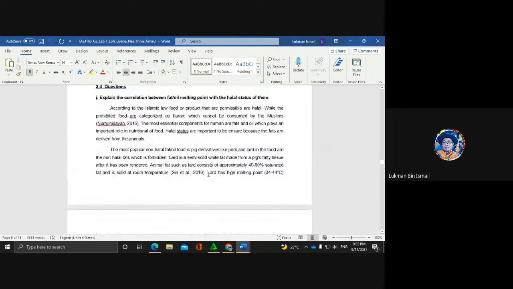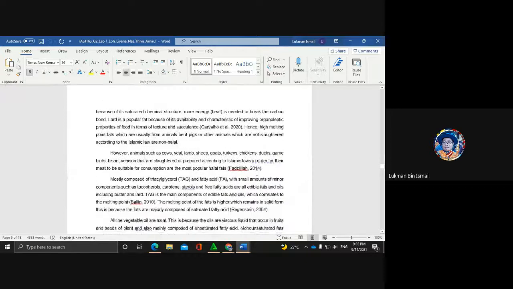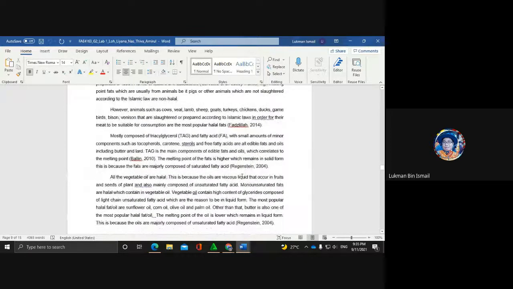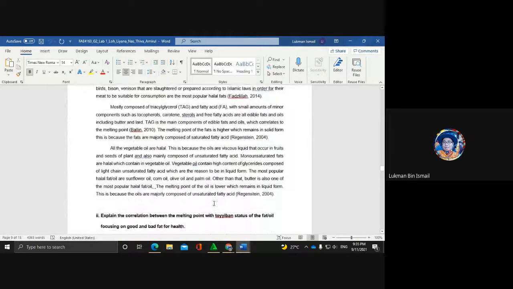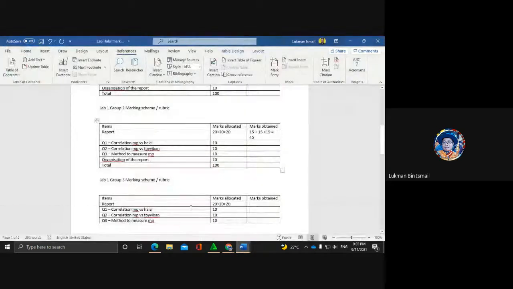It should be that animal fat has a higher melting point temperature compared to plant oil. It's not given here. So how much mark should I provide? This is just 6, because you're not answering the question.